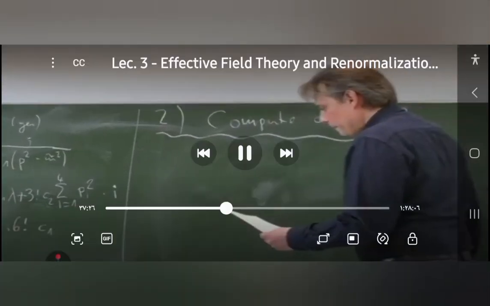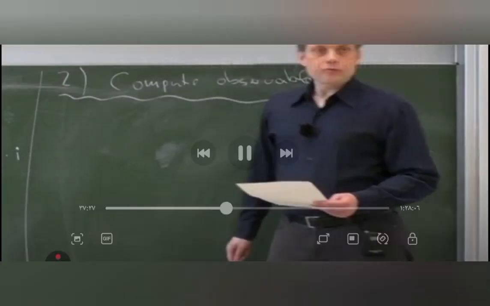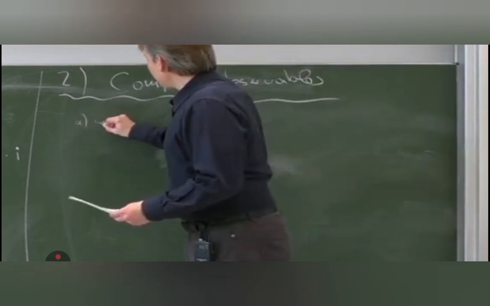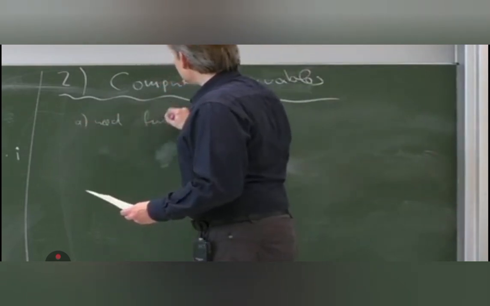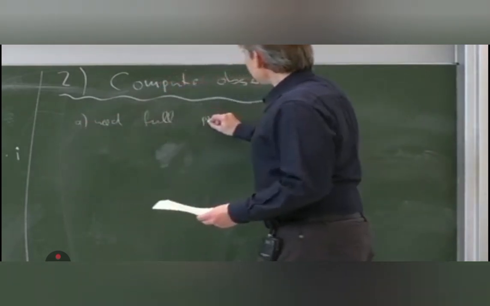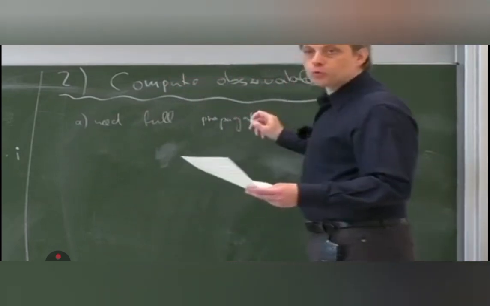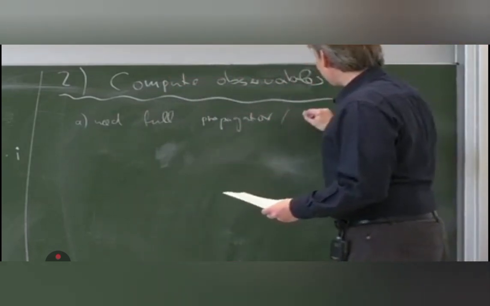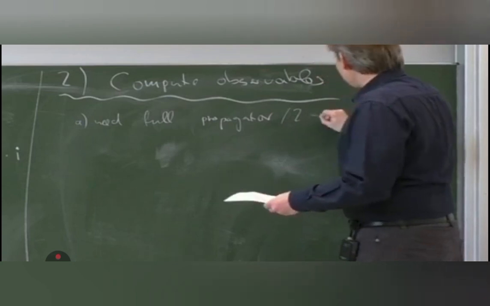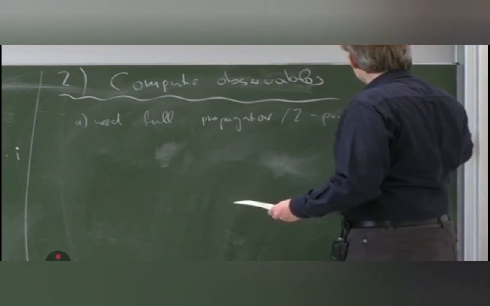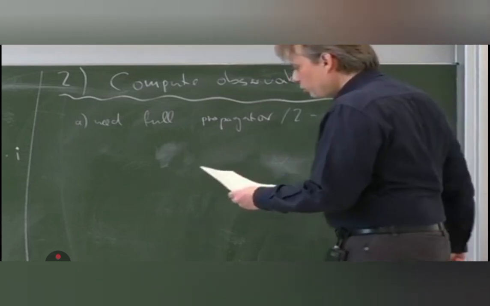So, for the observables, the first thing is you need the full propagator, including loops or including higher order corrections. And then it is often not called propagator, but the two-point function. We need the two-point function.